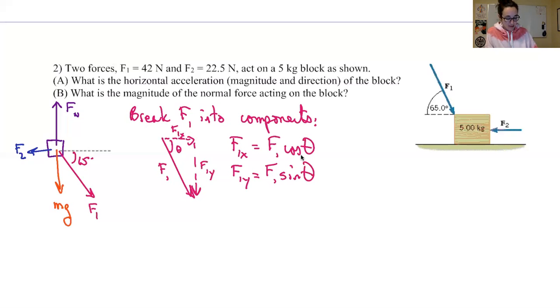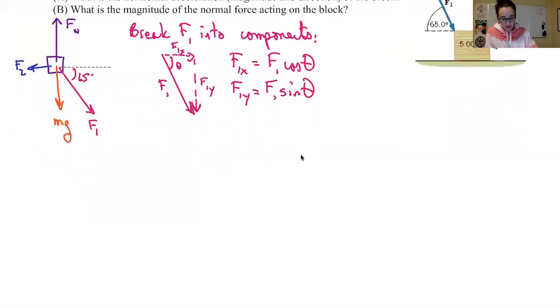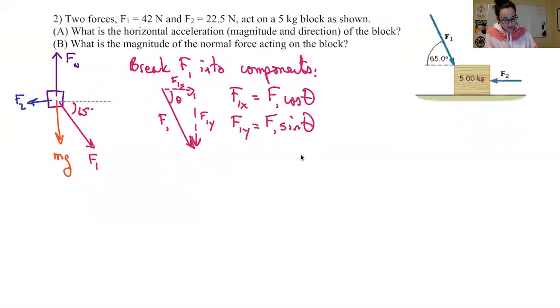So in part A, to figure out the horizontal acceleration of the block, we'll write Newton's second law in the x direction for the block. And this first equation is always F equals ma. The second equation comes from the picture. We don't know, well, we could do a little math to figure it out, but we're not given which of the horizontal forces is larger, F2 or F1x.